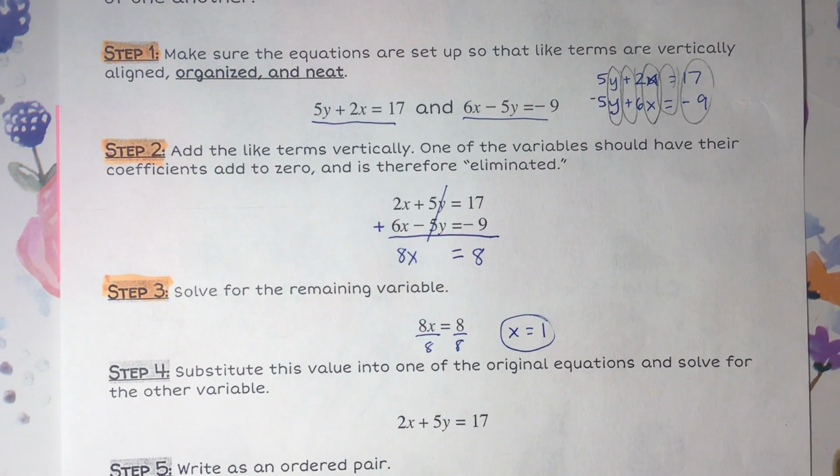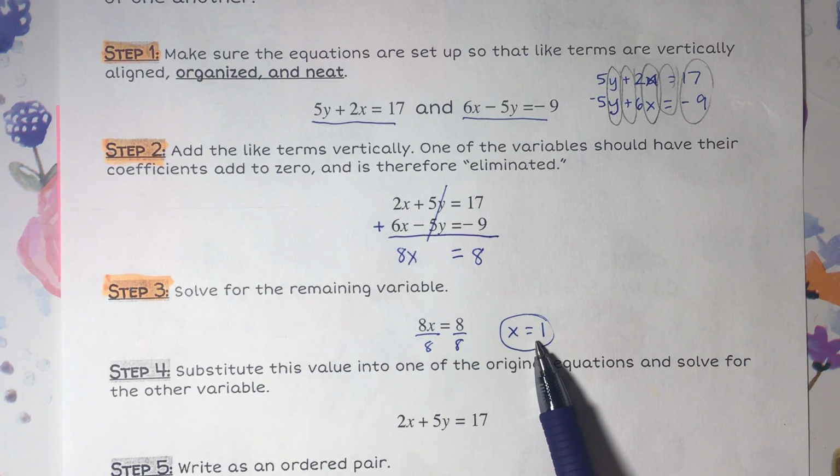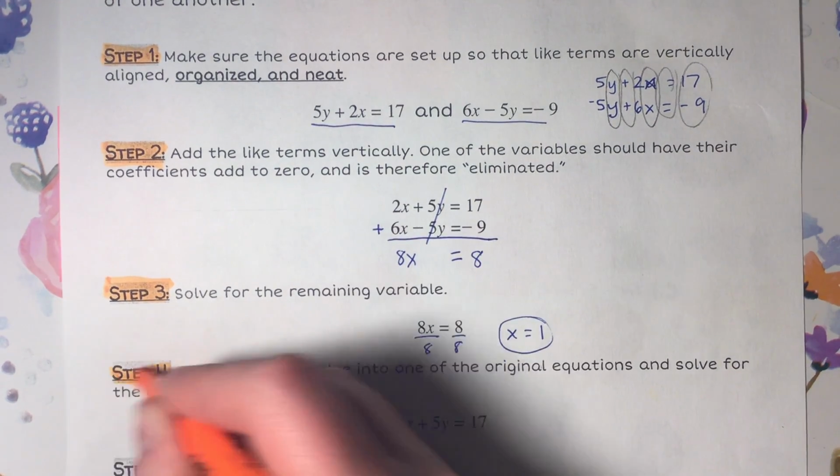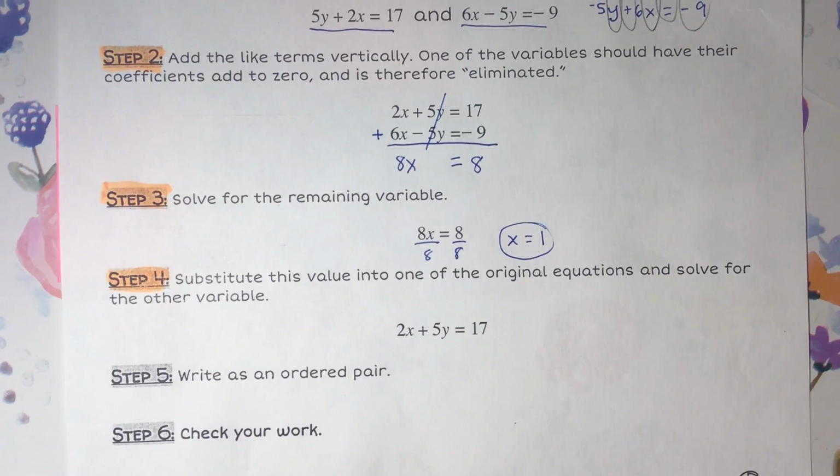Okay, now this is going to be similar to substitution. I'm going to take this x equals 1 and stick it into one of the original equations. Ideally, you pick an equation that's easier to work with. So pick an equation that doesn't have negatives or has smaller numbers or whatever. So my next step is to substitute that value back in.